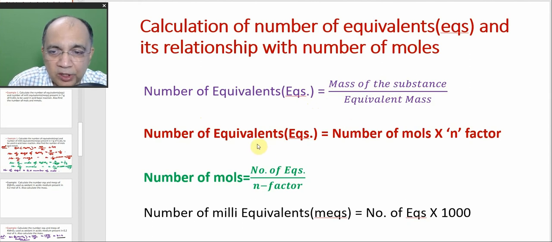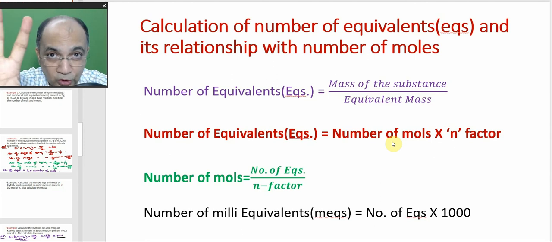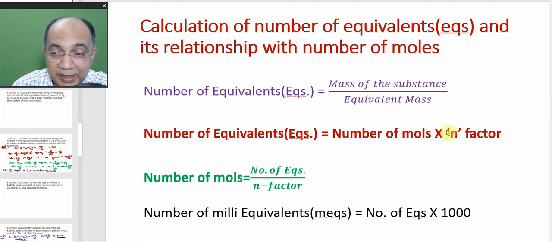Or number of equivalents is equal to number of moles into N factor, because here if you write molecular mass, it becomes number of moles. So when the N factor of any compound or any ion is multiplied with its number of moles, we will get number of equivalents.